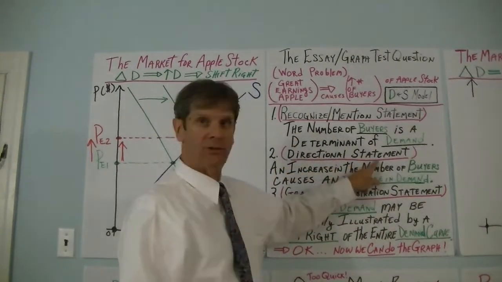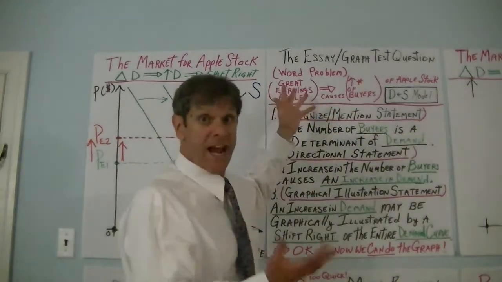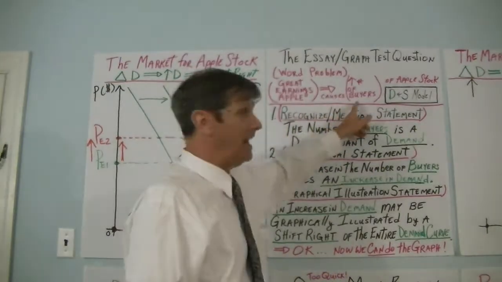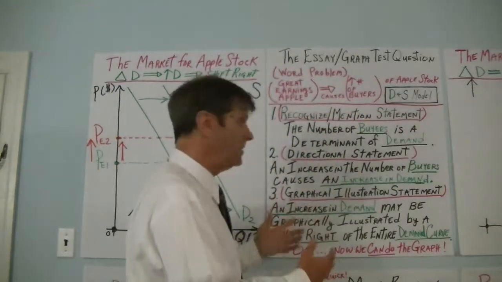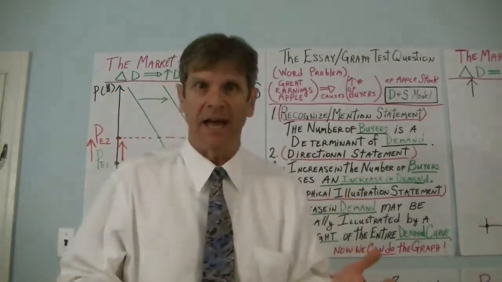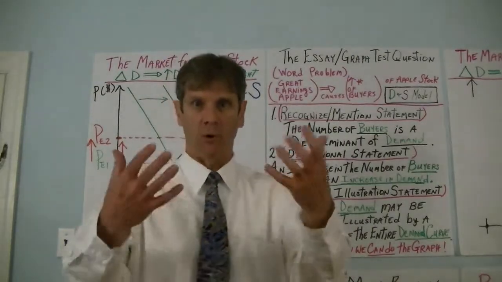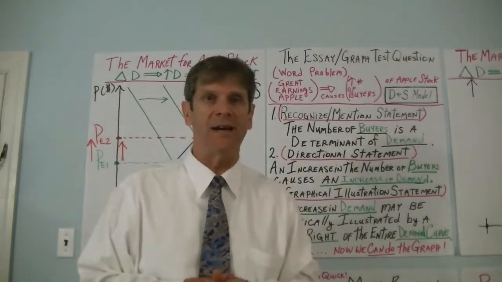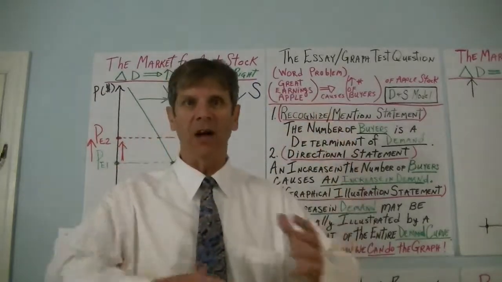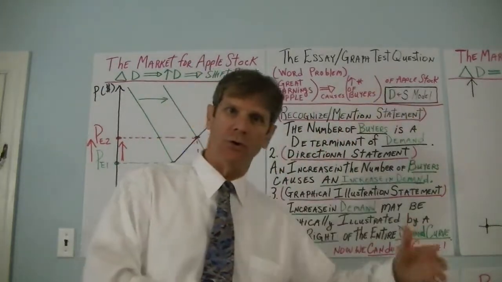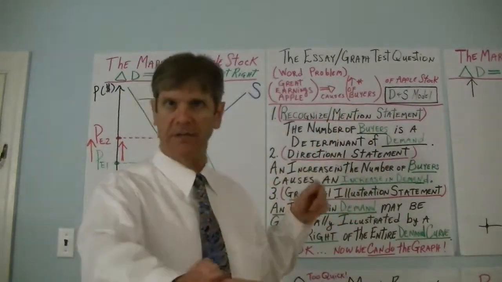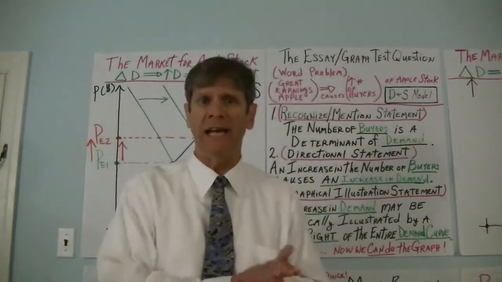Next, we want to talk about the direction. This great news about earnings led to an increase in the number of buyers. Say you had a regional company, and right now we're in the Philadelphia area, so Pennsylvania, New Jersey, maybe a little New York, down into Delaware, Maryland, the Mid-Atlantic states.